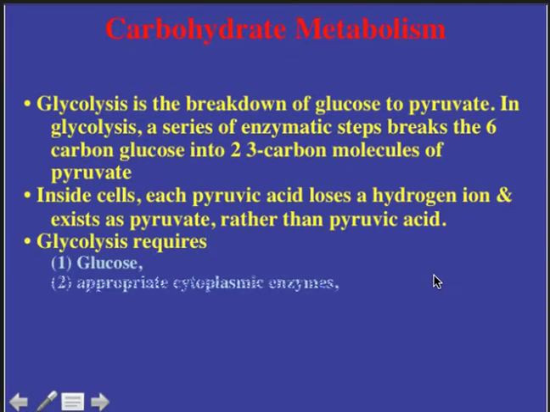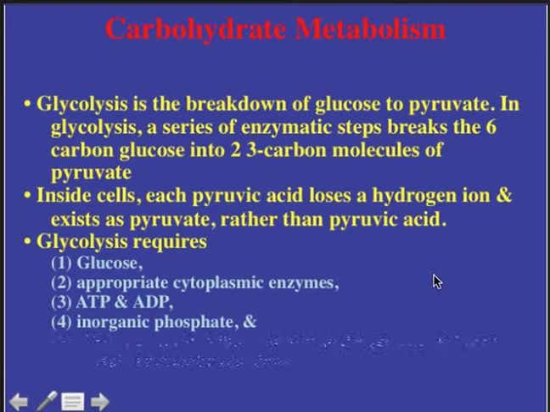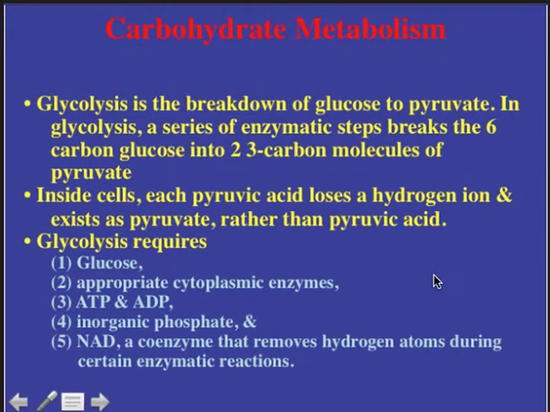Glycolysis requires glucose, appropriate cytoplasmic enzymes, ATP and ADP, inorganic phosphate, and NAD, which is a coenzyme that removes hydrogen atoms during certain enzymatic reactions. Now, really, when they say hydrogen atoms, what they're talking about is a proton and the electrons that it carries.